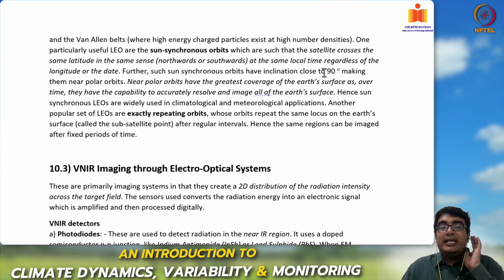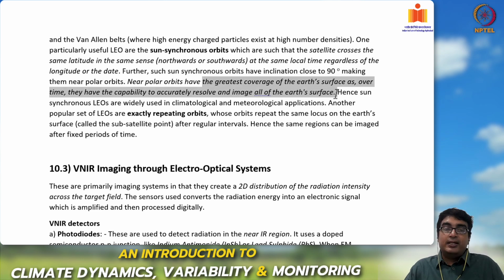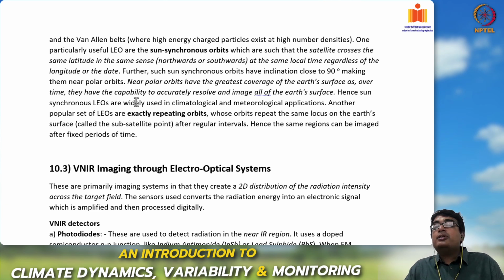So these near polar orbits have the greatest coverage of the Earth's surface, as over time they have the capability to accurately resolve and image all of the Earth's surface. Hence, sun-synchronous LEOs are widely used in climatological and meteorological applications. Another popular set of low Earth orbits are exactly repeating orbits.